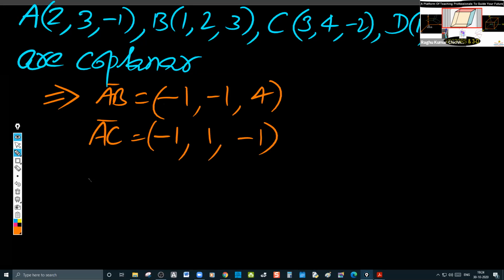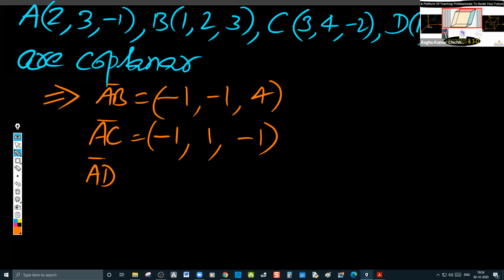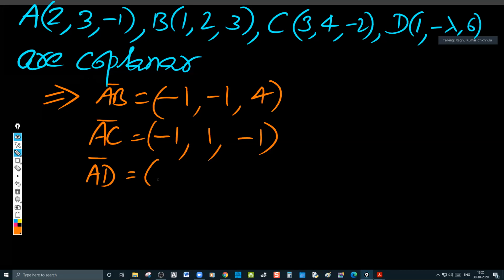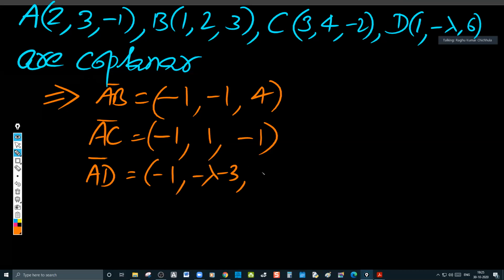Do tell me AD bar similarly. Minus 2; 1 minus 3; minus lambda minus 3; minus 7.